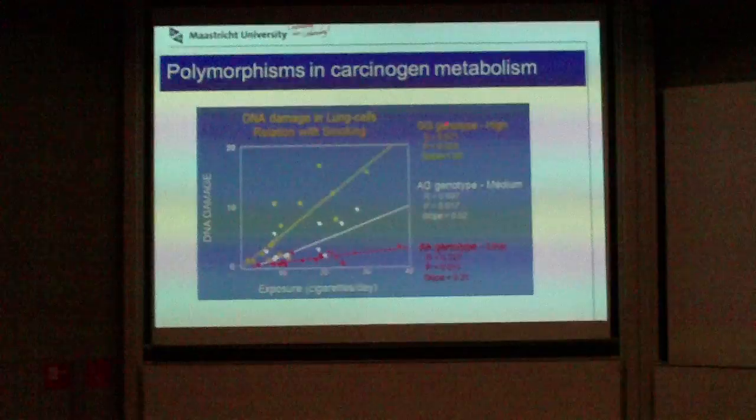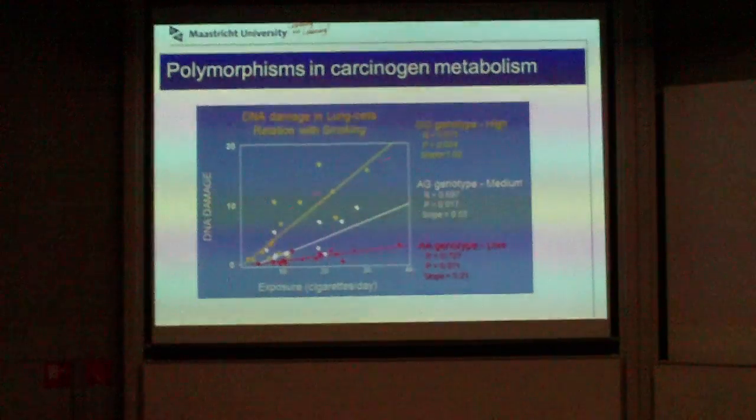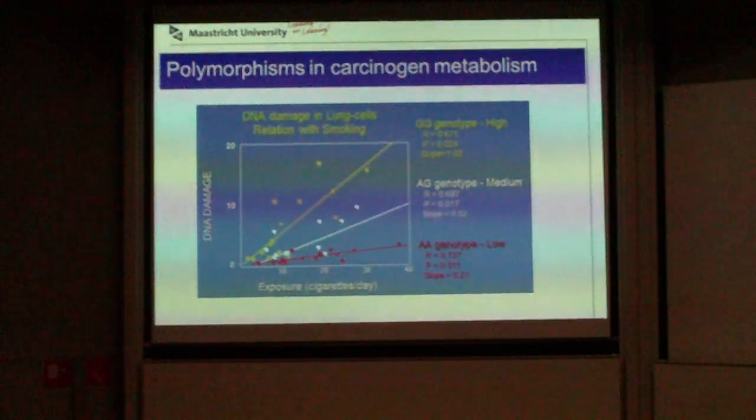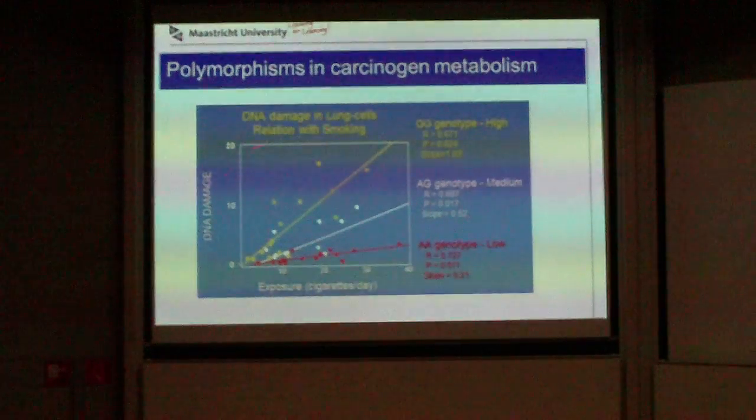a lot more sense. So the high metabolizers, that produce in a short period of time a lot of these reactive intermediates that can bind to the DNA, indeed you see an increased level of DNA damage.